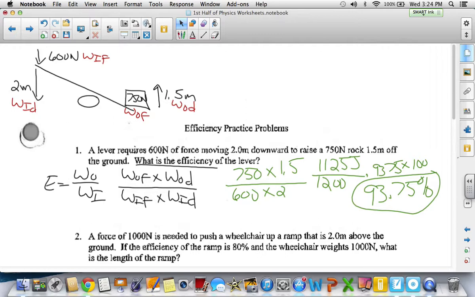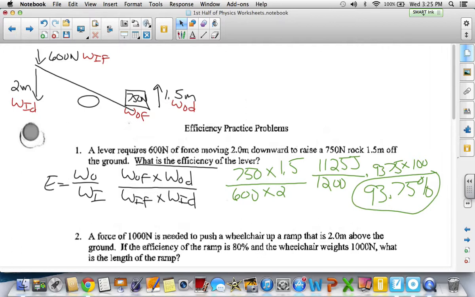So really what it says is that with a 93.75% efficiency, if you use 600 newtons of force moving 2 meters downward and you're trying to raise a rock that's 750 newtons 1.5 meters off the ground, it should be really easy. You shouldn't have to push down on the lever very hard because your lever itself, the simple machine, is extremely efficient at what it's doing. So it should be really easy for you to do.